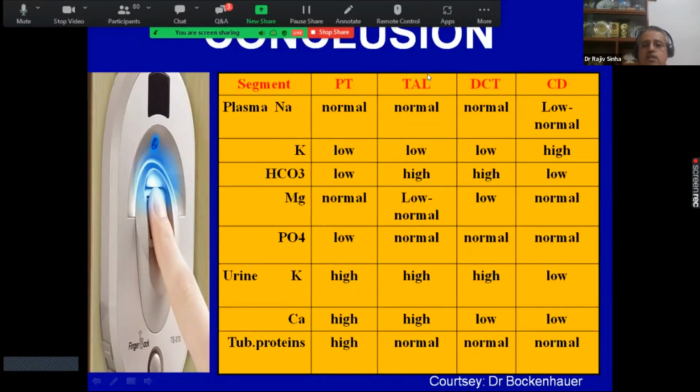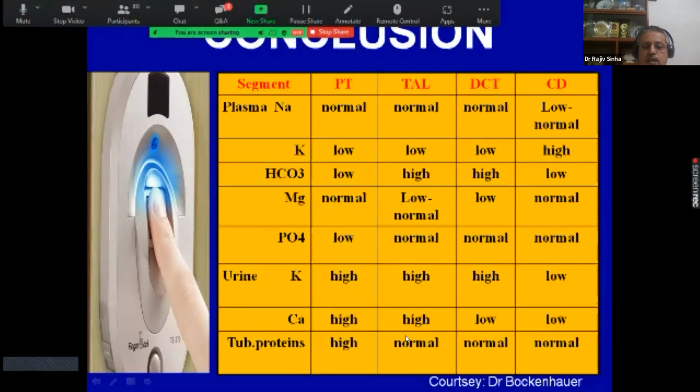Pattern for a problem in the ascending limb, that is the furosemide pattern: normal sodium, low potassium, metabolic alkalosis so high bicarbonate, magnesium low or normal, phosphate normal, urine potassium high, chloride not mentioned here but chloride will be high. And then the pattern of a DCT, that is thiazide, with again low potassium, high bicarbonate.